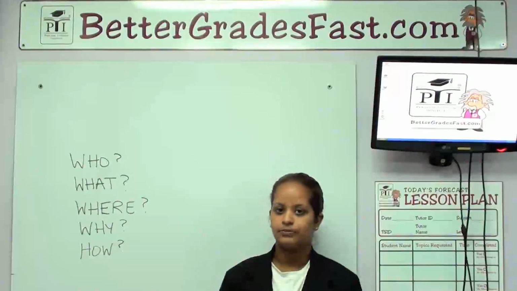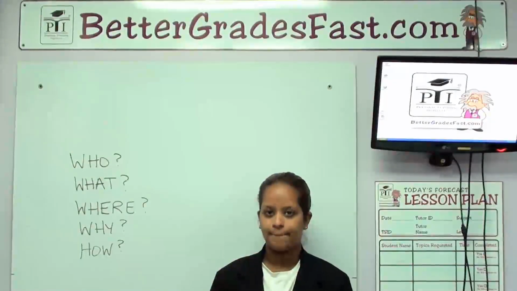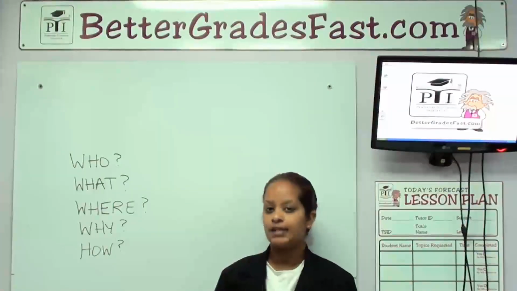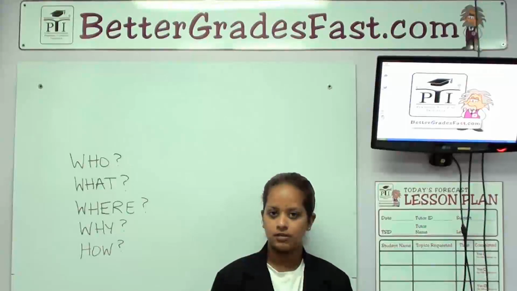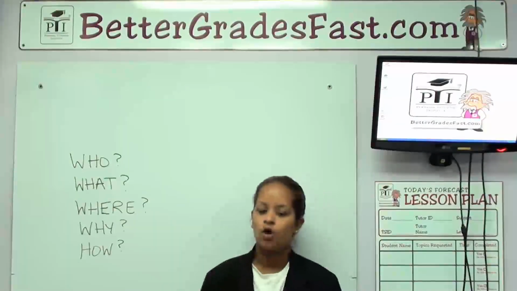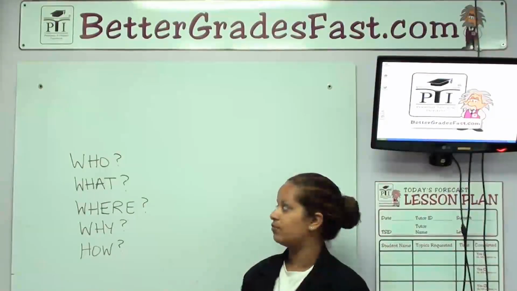For example, who did all their homework? If a teacher asks that, then students' names would be the answers. Therefore, a person or person's name would always have to be the response for the interrogative who.